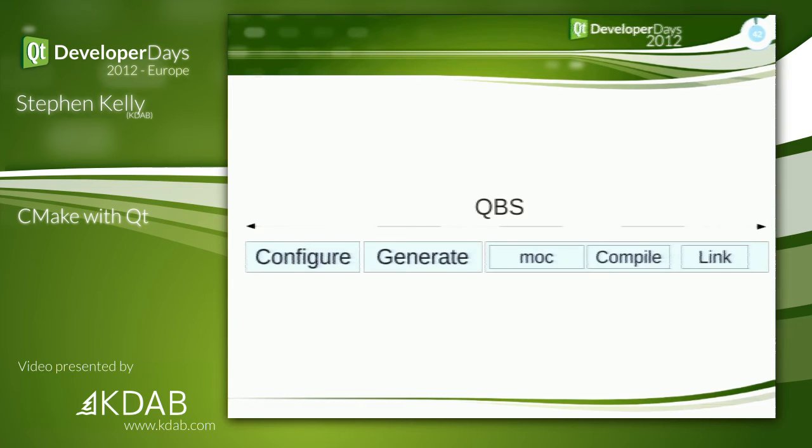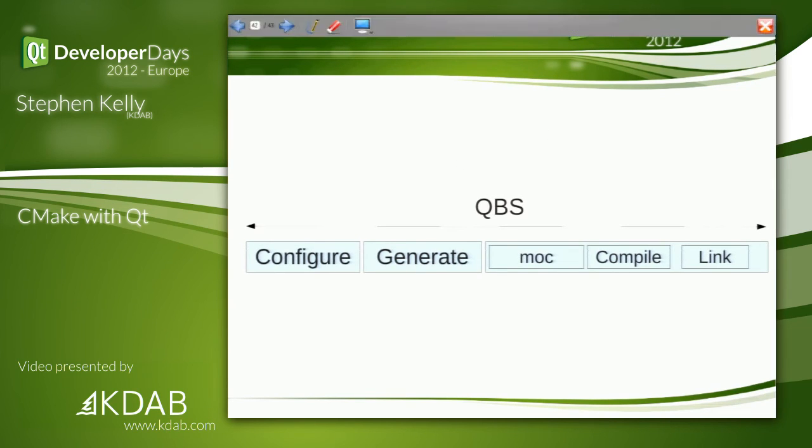And whereas CMake was only responsible for the configure and generate steps, Qbs is responsible for everything. So it also replaces the use of Make, and it replaces the use of Visual Studio to build projects, and it replaces the use of Xcode to build projects. And it uses QML. And so I thought, well, can we do something similar with CMake as well?